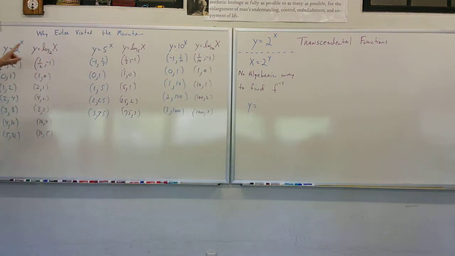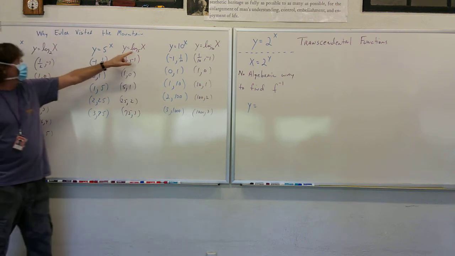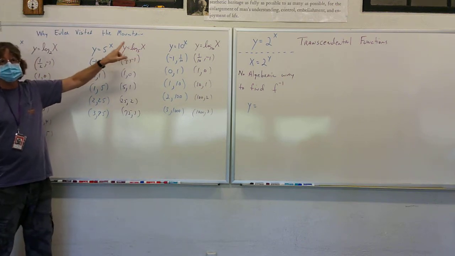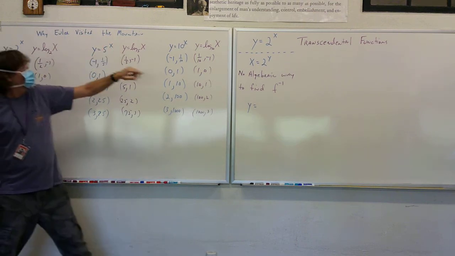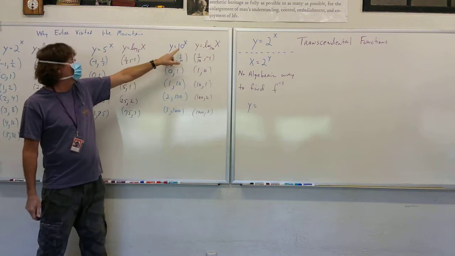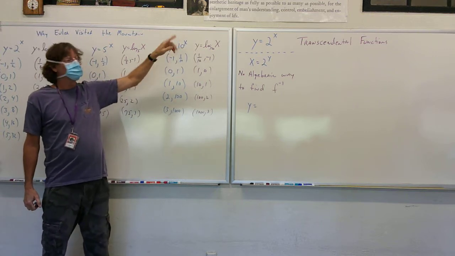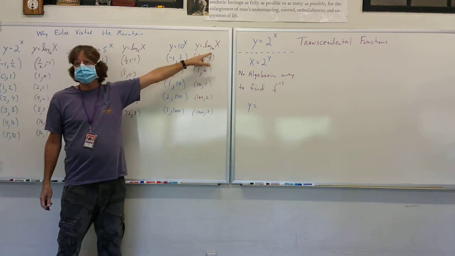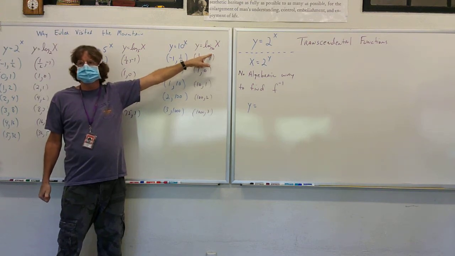Log base 2 is the inverse of the exponential function 2 to the x. Log base 5 is the inverse of 5 to the x. Log base 10, the one y'all use in chemistry all the time, is the inverse of 10 to the x. This one's the inverse for your scientific notation stuff.